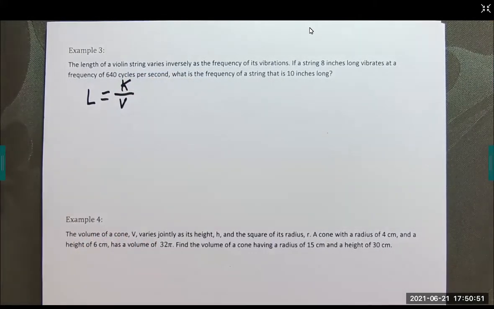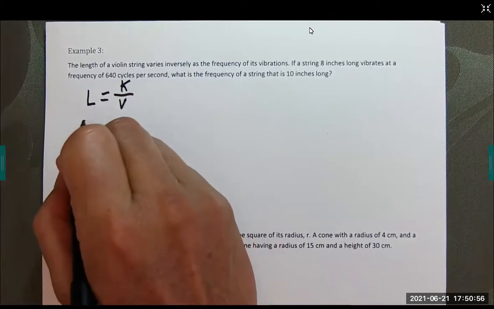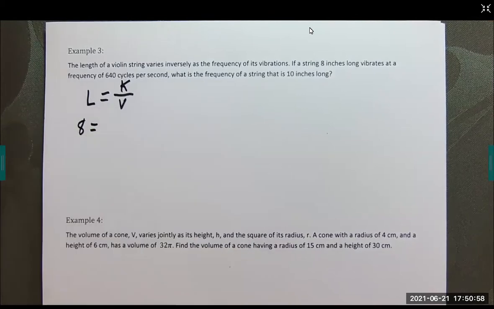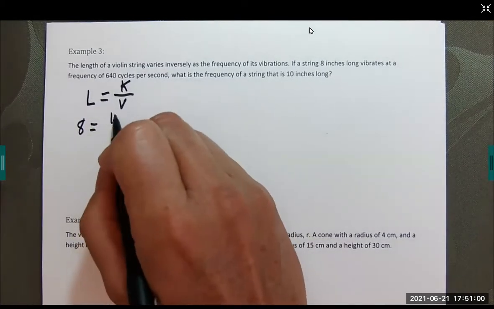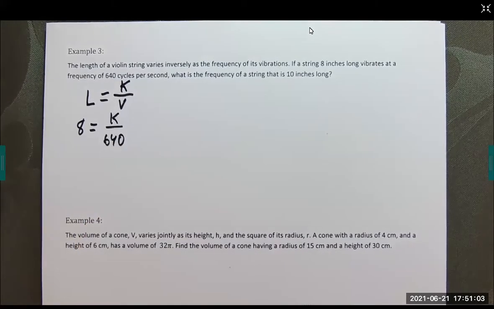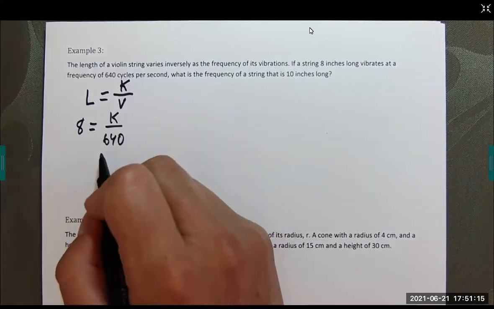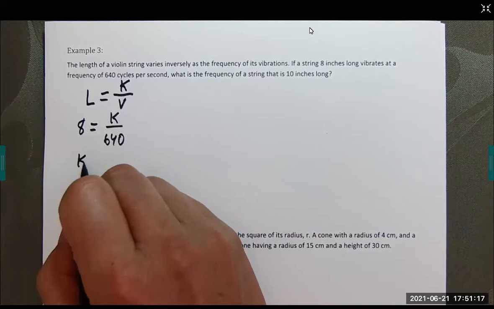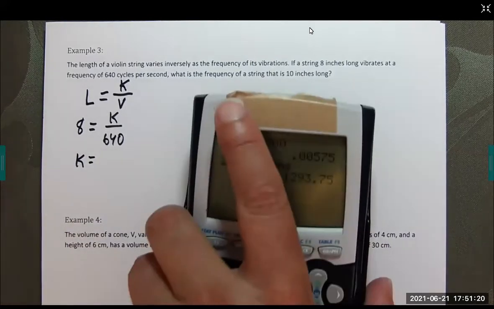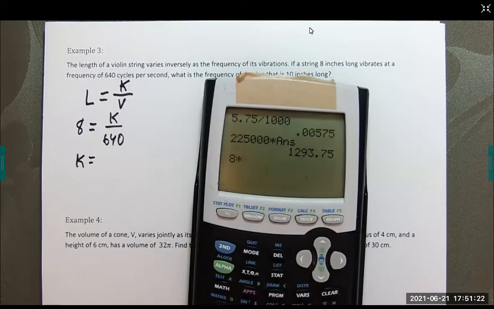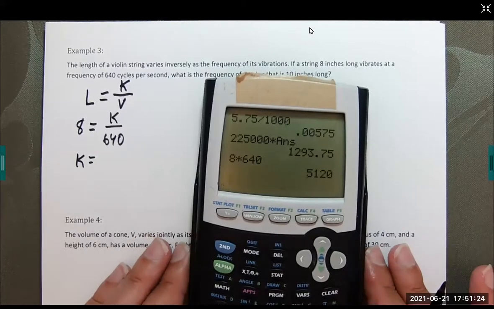We'll call that B. If a string is 8 inches long, vibrates at a frequency of 640 cycles per second, what is the frequency of a string that is 10 inches long? So we'll get to that. We need to get k first. So I'm going to multiply both sides by 640. So k equals 8 times 640, 5120.